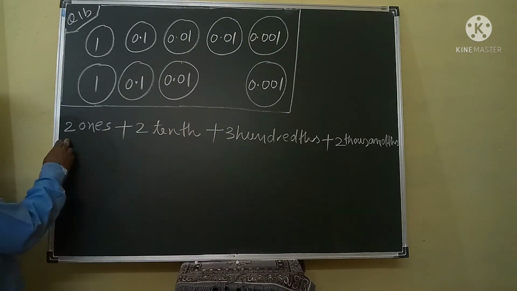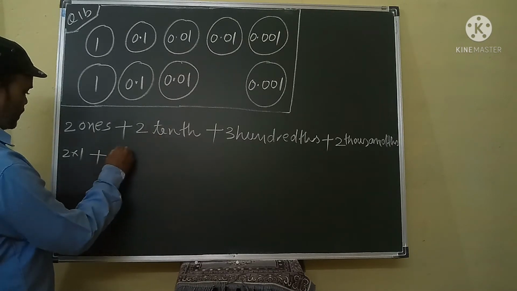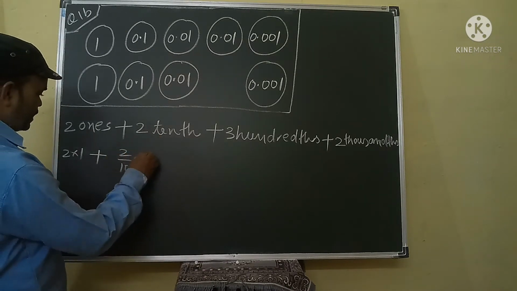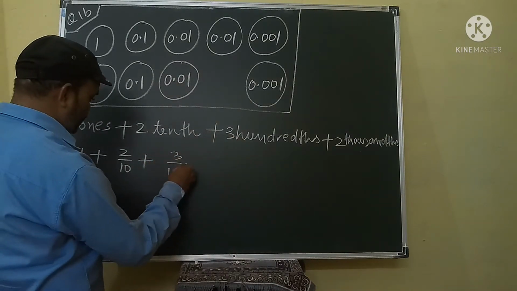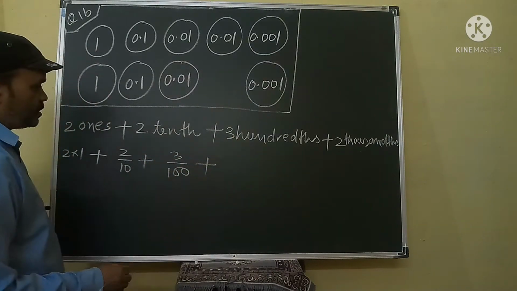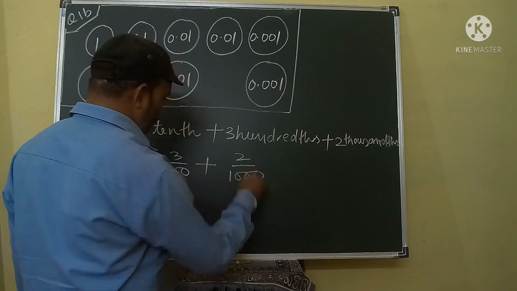Then after that we can write: 2 ones means 2 multiplied by 1, plus 2/10 means 2 upon 10, 300th means 3 upon 100, plus 2000th means 2 upon 1000.